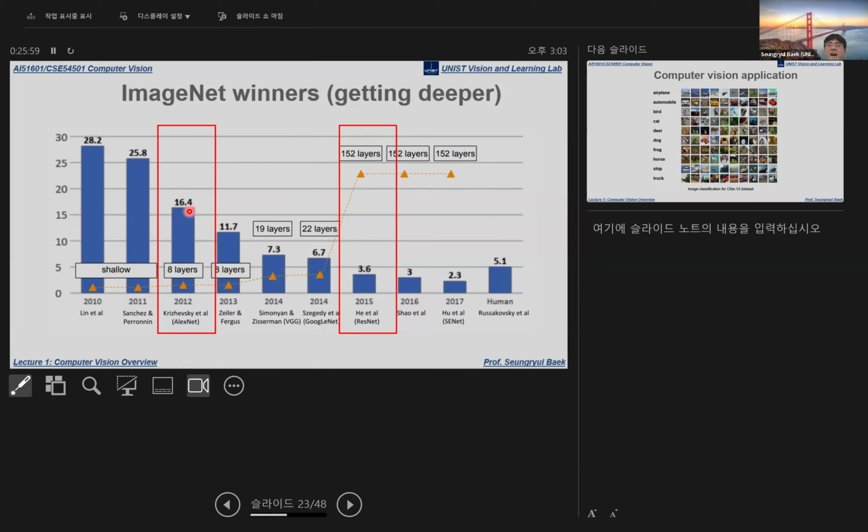Especially for a large scale data set. The ImageNet data set is the largest scale data set, and showing a 10% gain in accuracy is very hard. Also in the year 2011, most AI researchers thought that accuracy in this AI field was somehow saturated, bounded at this 25% error rate.